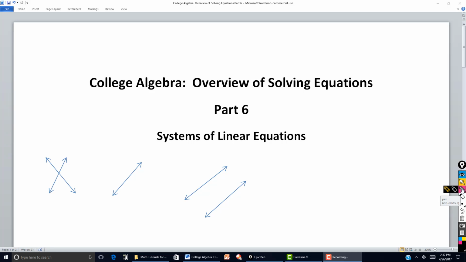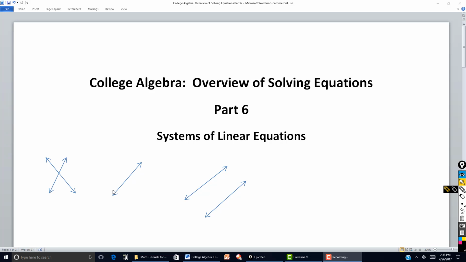If you take any two lines and graph them, you're going to have three scenarios. The first one that I have here is two lines intersecting at one point. You have one solution at that particular point, an ordered pair x, y, assuming we're using the variables x and y.